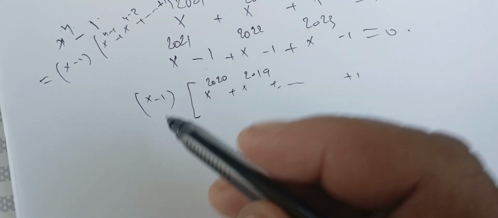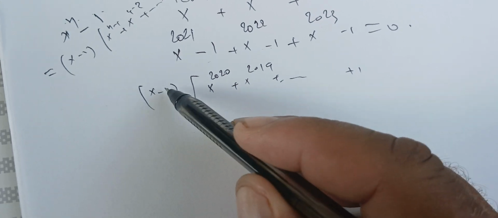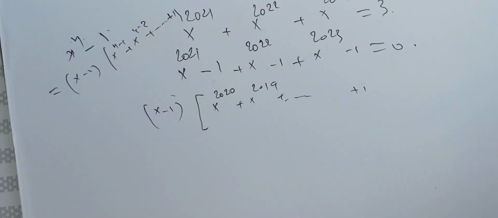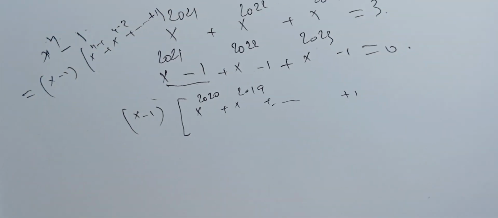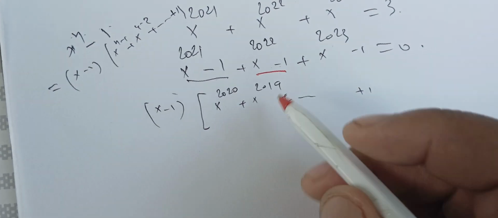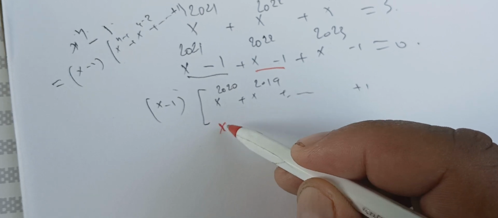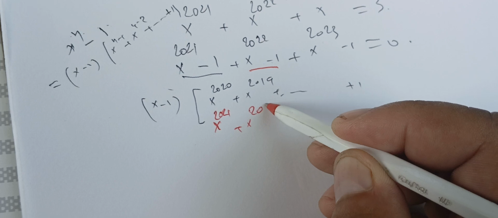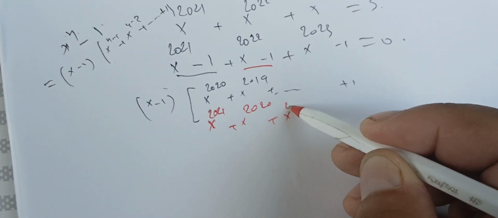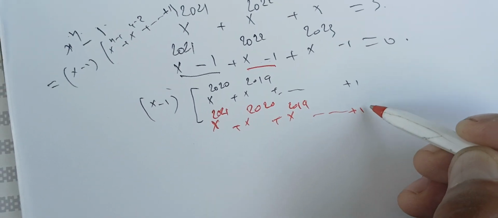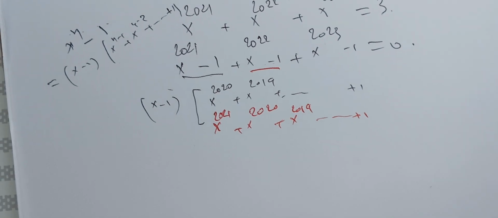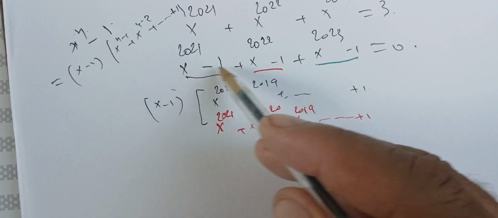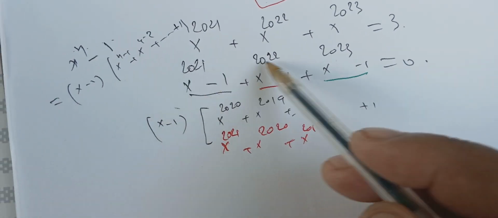For the next one, we're going to have the same factor. We use different colors. The black is coming from this black here, and the red is coming from this red here, so I'm going to have X to the 2021 plus X to the 2020 plus X to the 2019 down to 1. The green one is going to come from here. I still have this factor X minus 1 common to all of these.